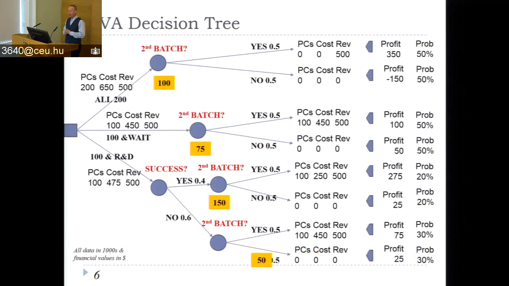And finally, 75 times 0.3 plus 25 times 0.3, we will end with 50. And then we can calculate the final node: 0.4 probability to 150 and 0.6 probability to 50. So we will get the value of 90 there.